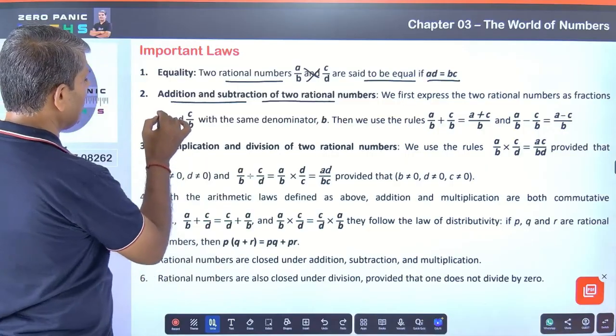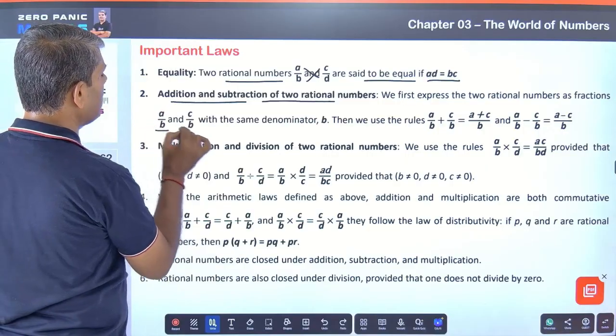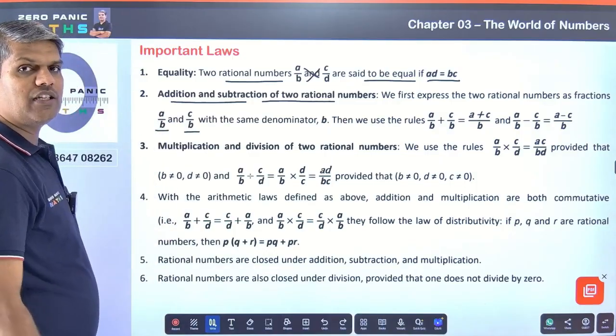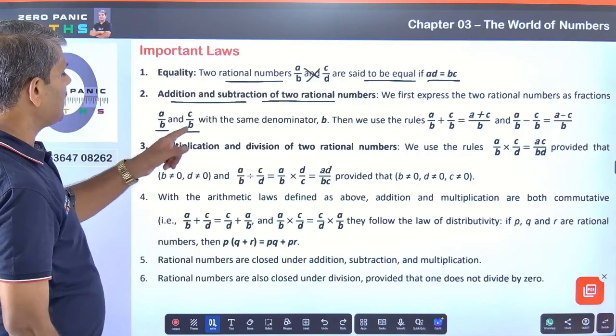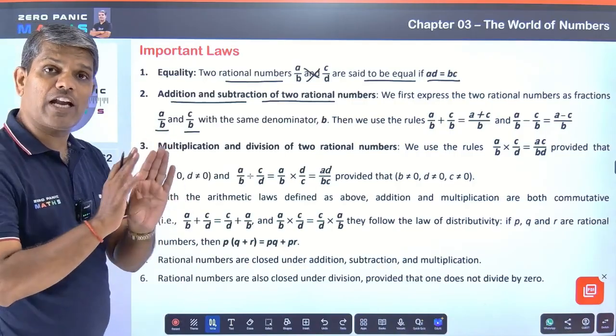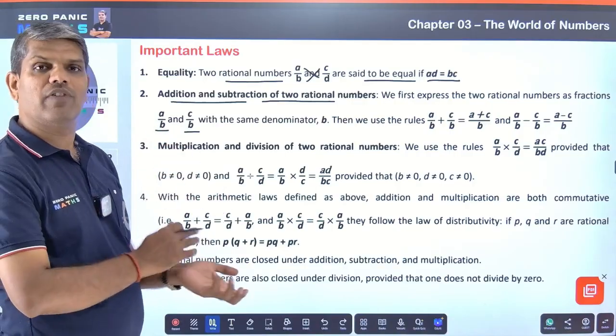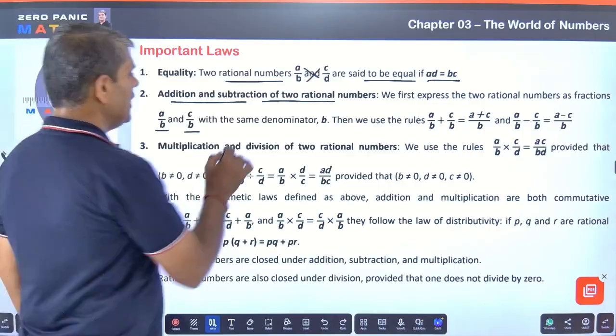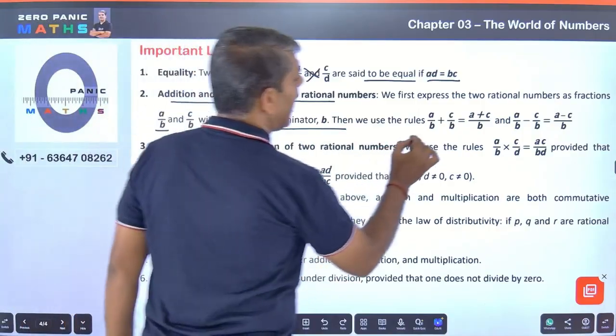That is the reason they are saying it should be converted into A by B and C by B. You see that both the denominators of both the fractions are same only. If they are not same, then you should convert them to same by performing certain arithmetic operations. Then it can be added easily.